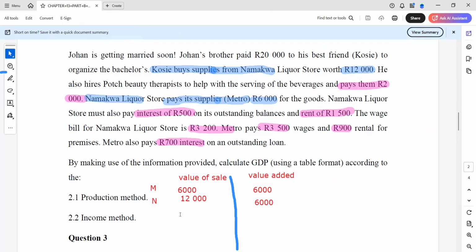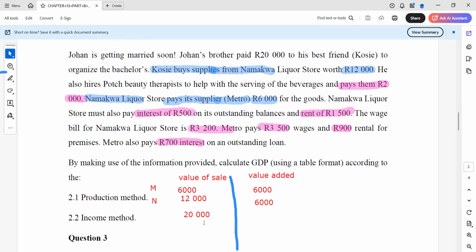And then also we have to remember now that Jonah's brother paid 20,000 to his best friend to organize the bachelors. So this is the amount of money that they had to use in order to organize this bachelor party. So we're going to record this 20,000 here as well.